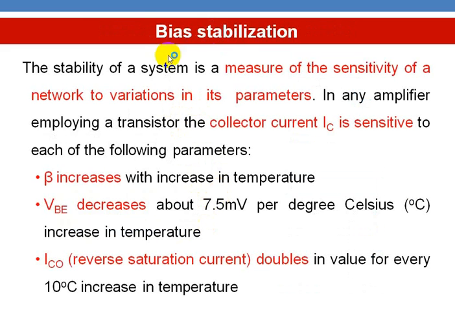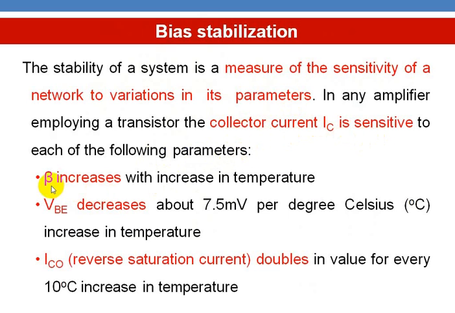Bias stabilization. The stability of the system is a measure of the sensitivity of the network to variation in its parameters. If you want to say that a circuit is stable, then that particular circuit has minimum variations with respect to change in the parameters. Here the collector current IC is sensitive to the following parameters.